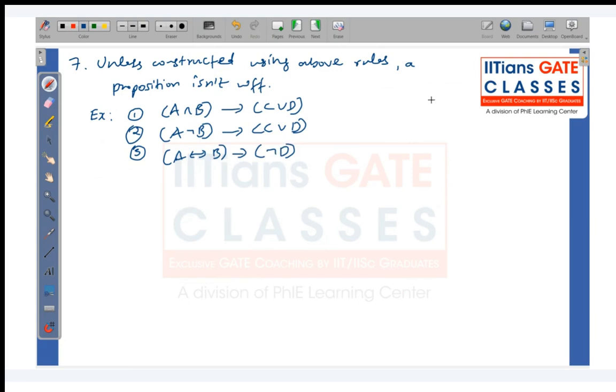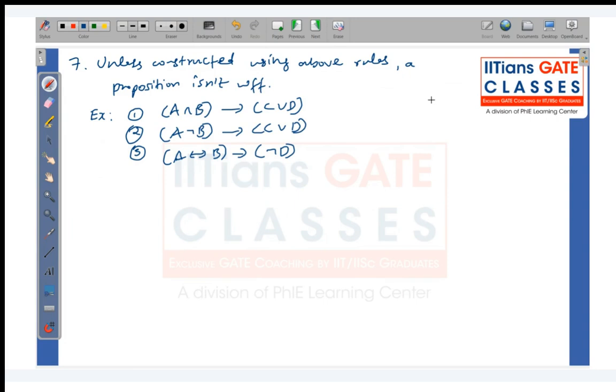Out of these 3, which are well-formed or which are not well-formed? A really simple question. Now you can give this definition of well-formed also. Just look at these 3. Which one is problematic?